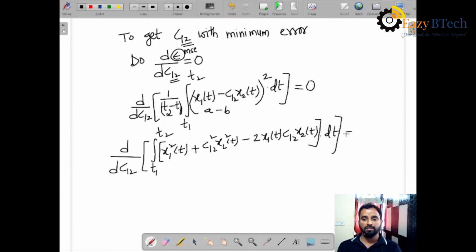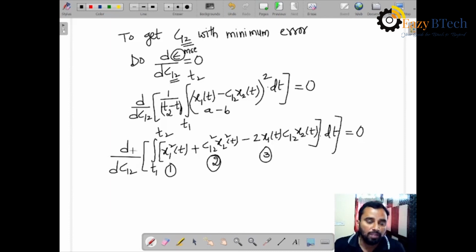The total again is equal to 0. Here we have three terms. The first one x1 square, the second one c12 square x2 square, and the third one minus 2 x1 of t into c12 x2 of t.